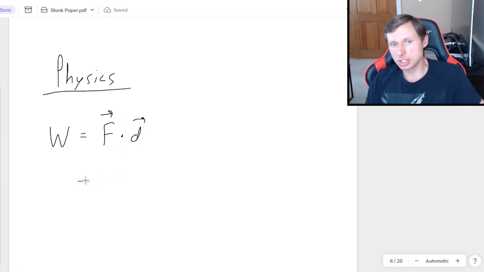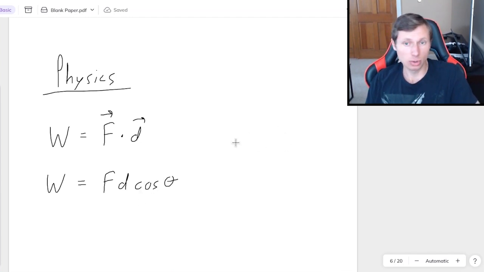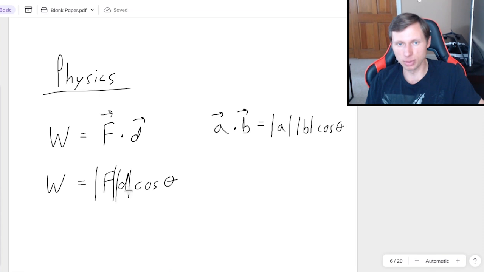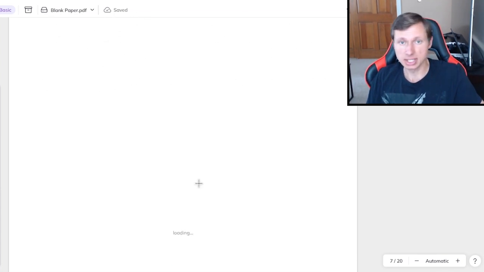And the reason why this is so important is because the equation you see in most textbooks is F D cosine theta. Because remember what we said earlier at the very beginning. Another way you say A dot B is magnitude of A, magnitude of B, cosine theta. And technically, yes, it is magnitude of both F and D, force and displacement. That's how it applies to physics.